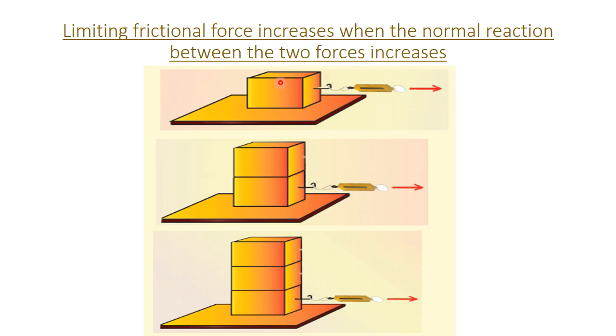So this perpendicular reaction force is higher in the third setup, because there are three objects there. When this perpendicular reaction force is increasing, the applied force, the required force, is also increasing. So finally we can say limiting frictional force increases when the normal reaction between the two surfaces increases.